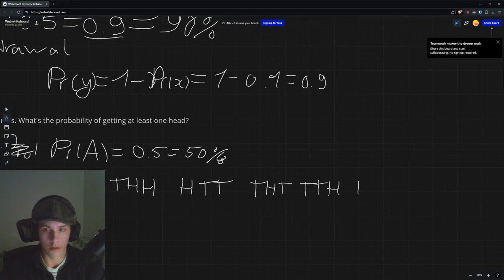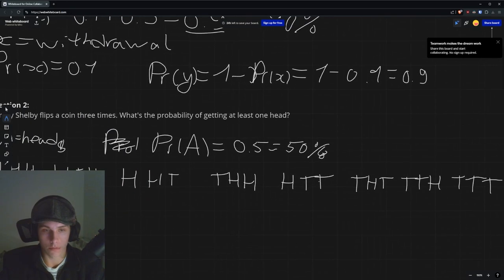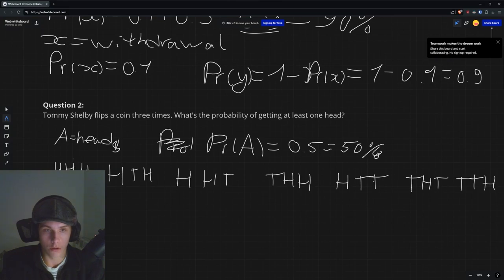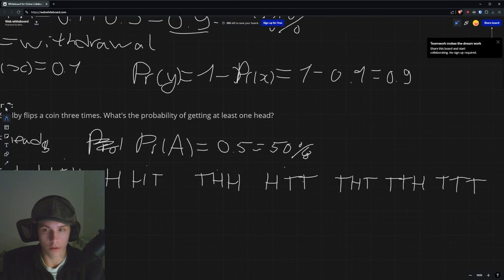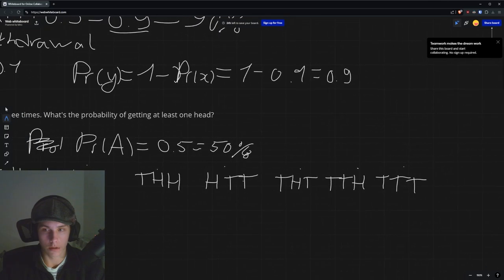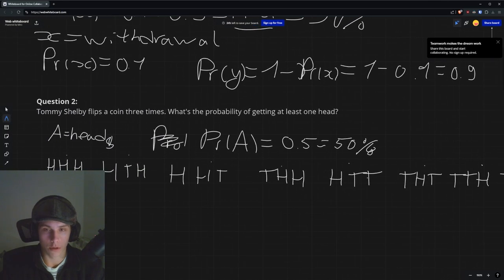And the last one is tails, tails, tails. So as you can see in total we have 1, 2, 3, 4, 5, 6, 7, 8 possible outcomes of flipping a coin 3 times.